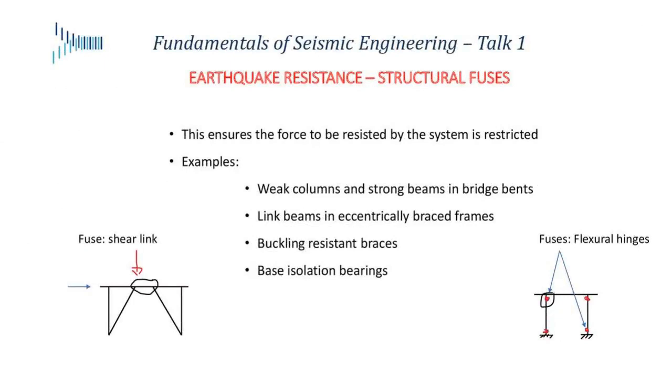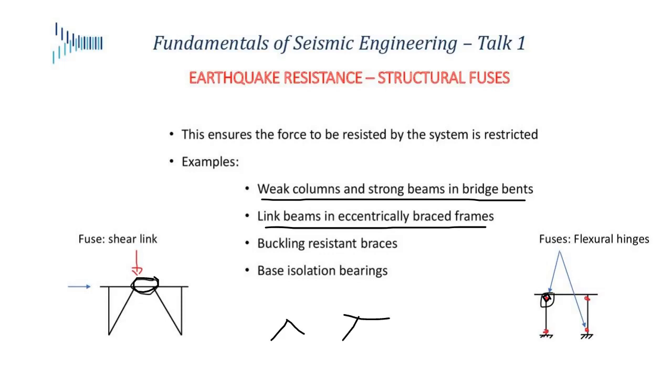Okay? So what we do, just to bring the point back, is we design weak columns and strong beams in bridge bents, which means our columns are the ones that form the hinges. The beams are stronger than the columns. There are link beams in eccentrically braced frames. So here you have an eccentrically braced frame, and by the way, this is eccentrically braced because the braces do not come to the same point.